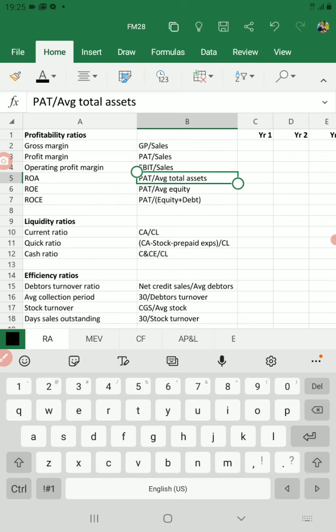Now for the returns, in the margins, we have seen that all line items come from the income statement, and the income statement is a flow statement.